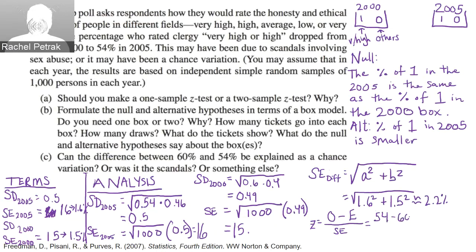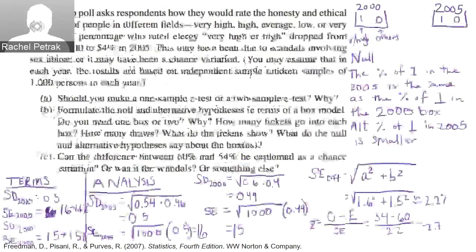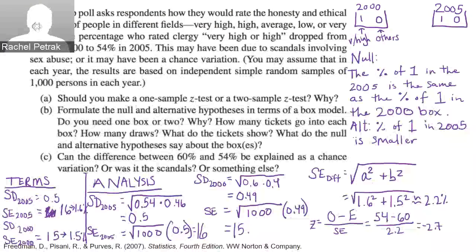And this enables us to keep things in percents all the way through. And we get a value of negative 2.7. So we have our value of negative 2.7 here.